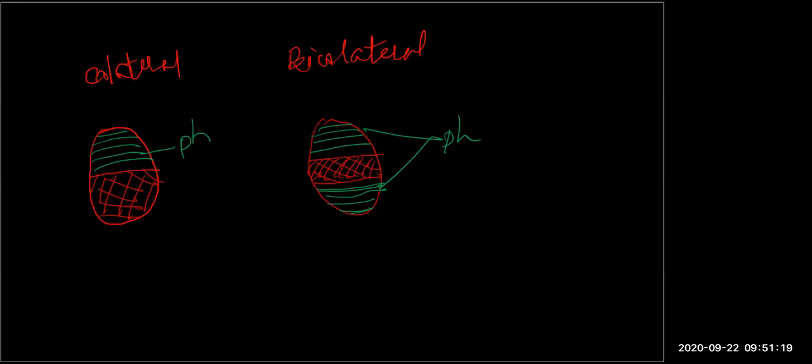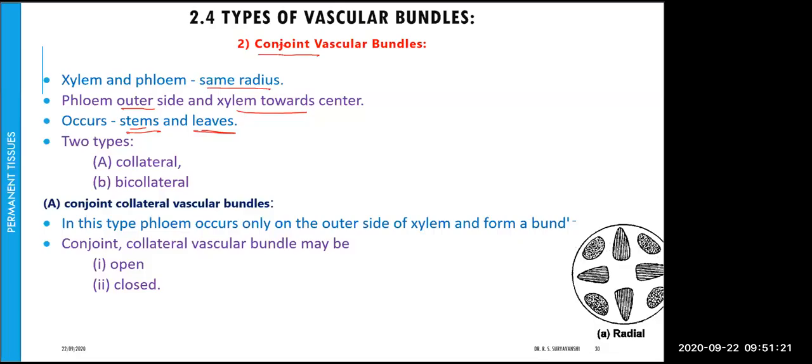And another one, closed or open, it is once again very simple. So up to this, we know in the conjoint vascular bundle, xylem and phloem are in the same radius. Phloem is usually at the outer surface, and xylem towards the inner side or center, occurs in the stem as well as leaves, and they are further classified into collateral and bicollateral. Now consider this one, conjoint collateral vascular bundle.